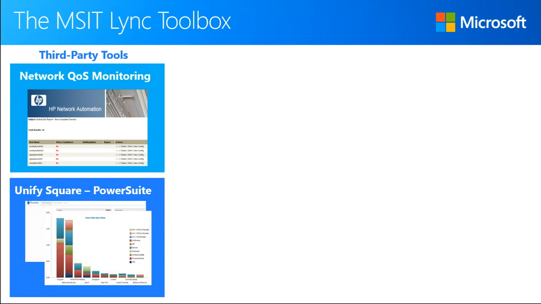So the other one that we did and we brought in as a third-party tool is actually the Power Suite from Unify Square. The reason we did this was the PowerMon tool gave us the ability to do real-time monitoring on our Lync environment. And this gave us the ability to identify any of our gateways that were down, anything that was down from our conferencing, but really the big piece for us was it gave us that telemetry into what our real-time availability was so that we could have our teams being a little bit more proactive and less user-centric reactive.